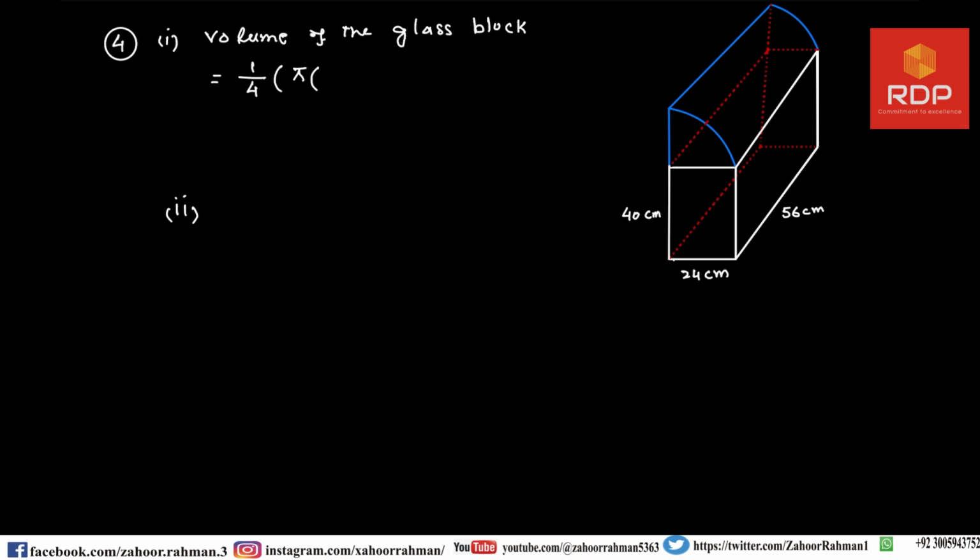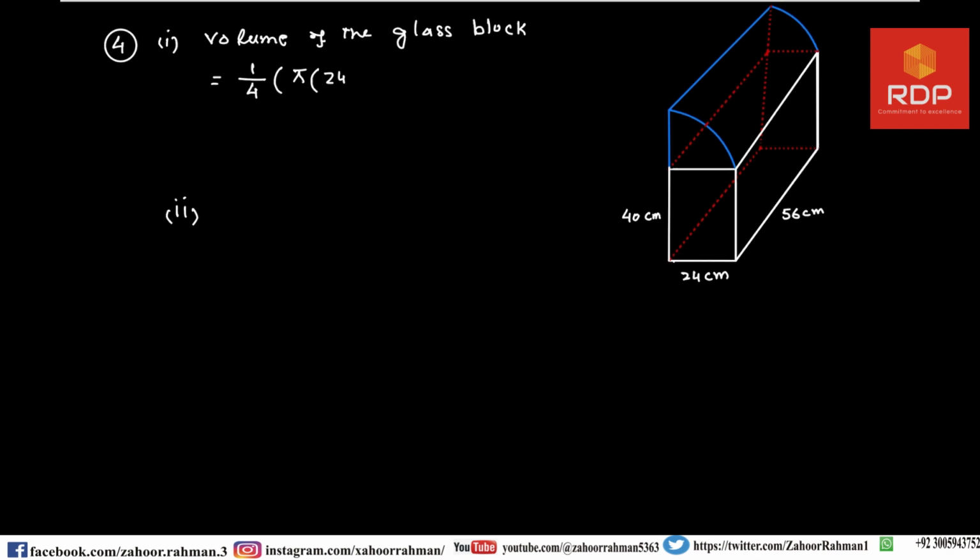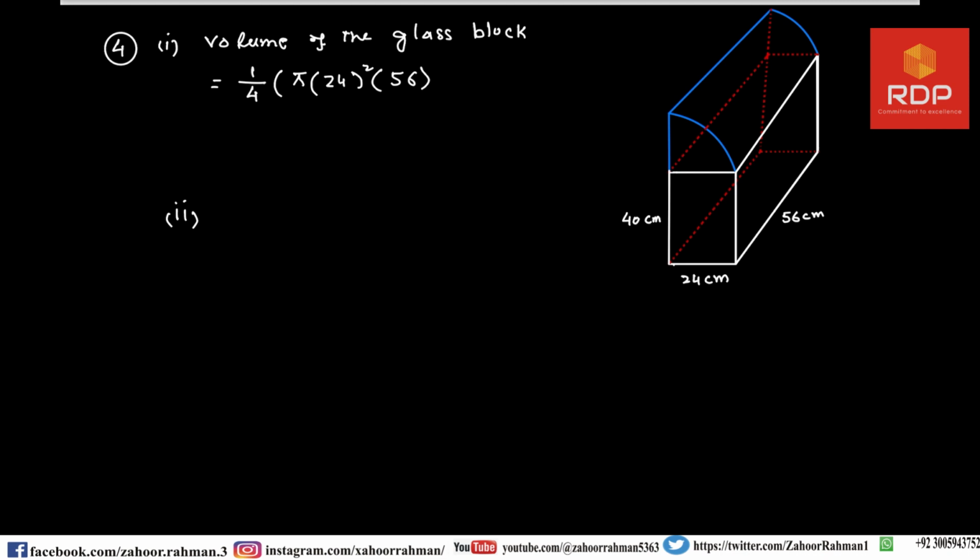So we can see that r is 24. You can see that this is the radius, and that is equal to this value. So keep in mind that it is 24 square, and then 56 is given as the height, which is this one.